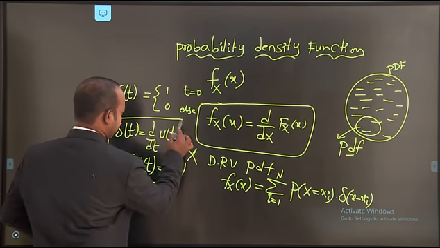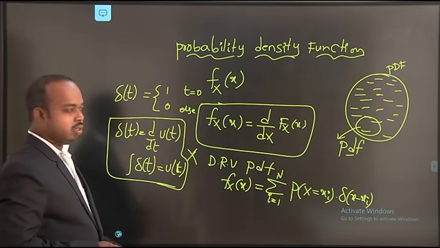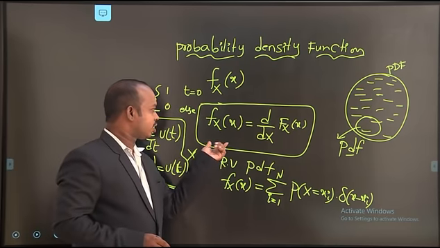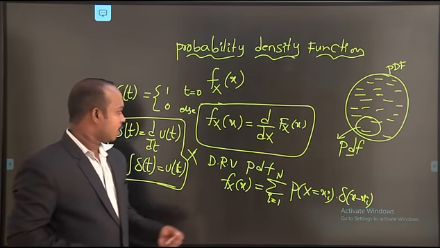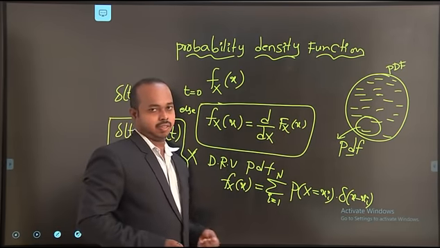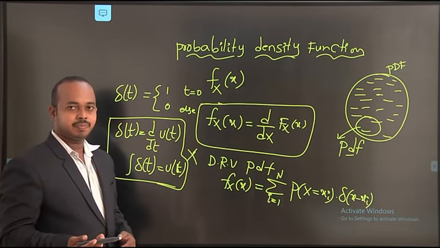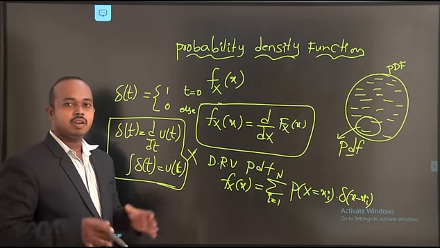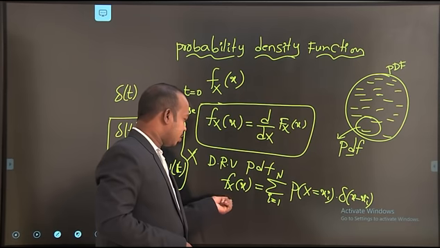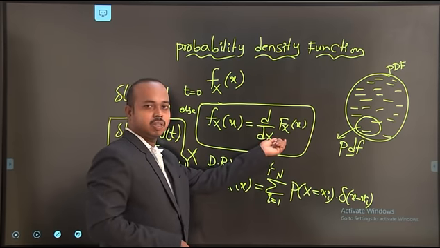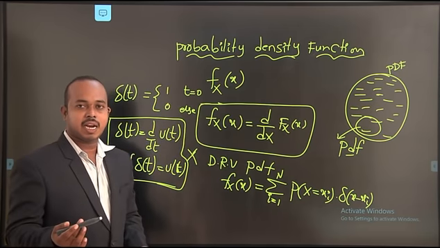Based on that, we have the relation f_X(x) equals d/dx of F_X(x). We already know F_X(x) is obtained as a step function. Now we can define f_X(x) from this distribution function using the fundamental definition available when the random variable is discrete.